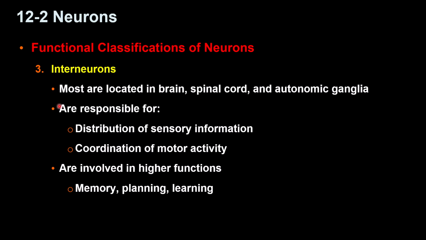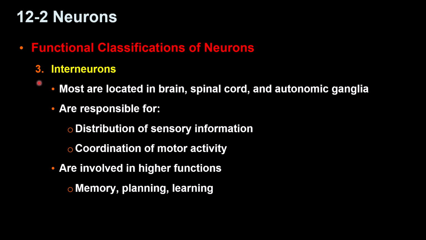The third type of neuron is called interneurons. They connect the sensory and motor neurons, and they are located mainly in the brain and the spinal cord, but some of them are also located in the autonomic ganglia, which are usually outside of the central nervous system. For example, they are near the heart, the lungs, and the gastrointestinal system.